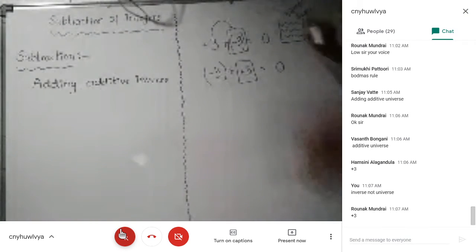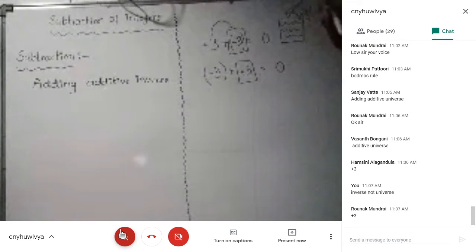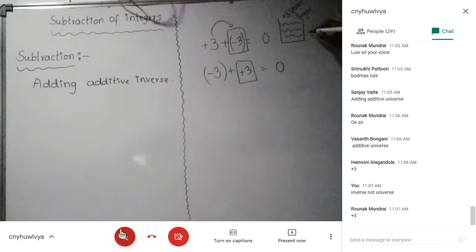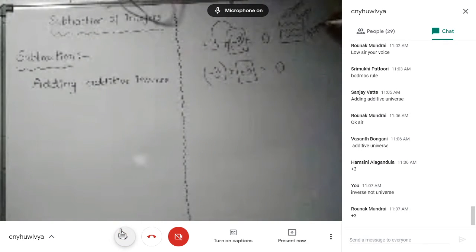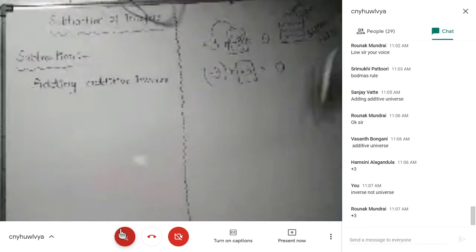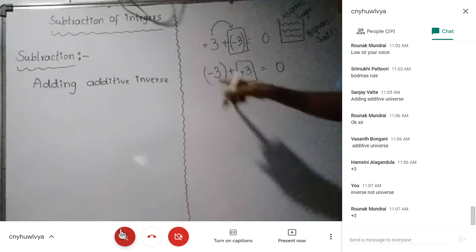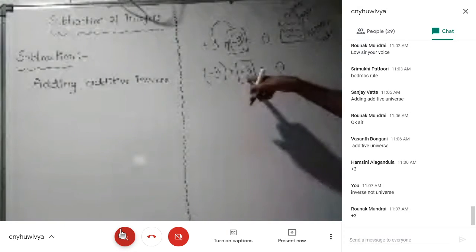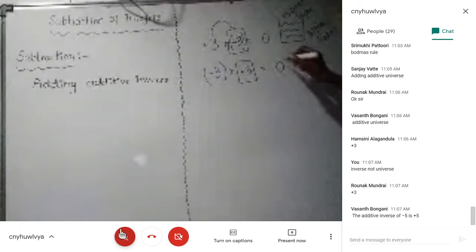Now, how to make this neutral? How to make it a 0 solution? For 3 spoons of sugar, if you add 3 spoons of salt, it will become neutral. That means for +3, we add -3, then it will become 0. Now, for -3, you need to add +3, therefore it will become 0.